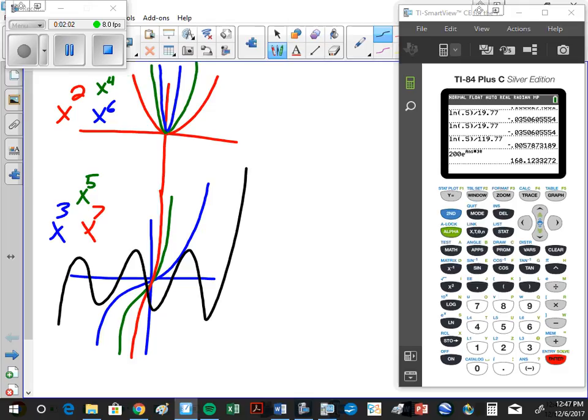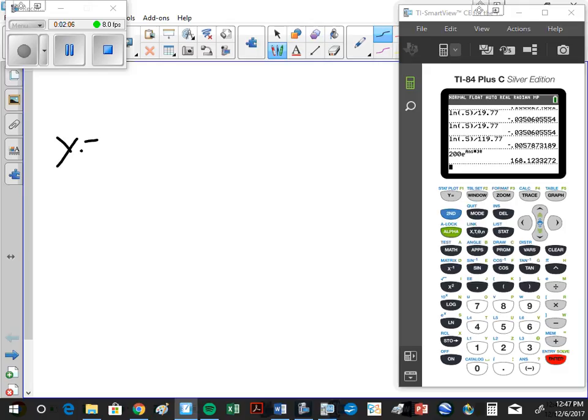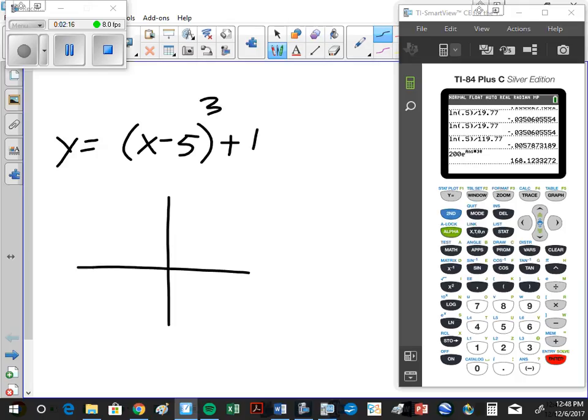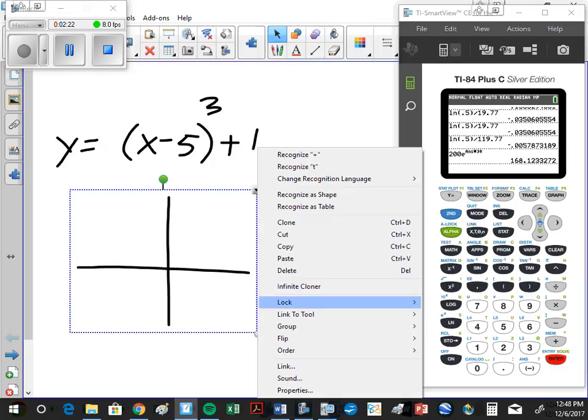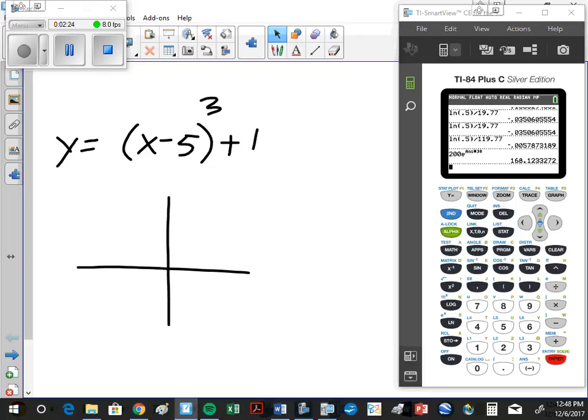Does that make sense? So if I asked you to graph y equals (x minus 5) to the 3rd plus 1, what is that going to look like? How would you graph this? Well, it's a regular x to the 3rd graph.